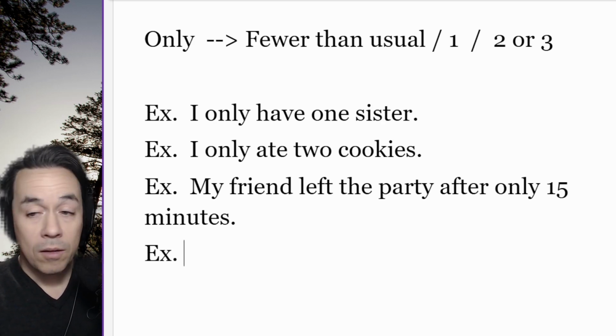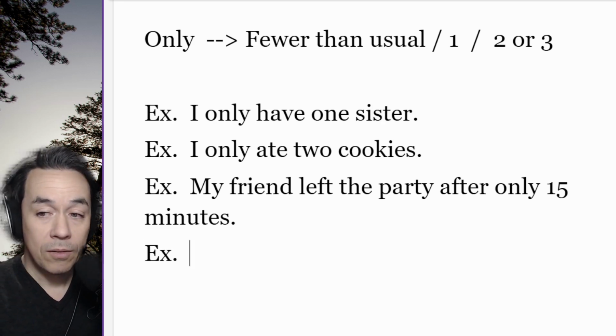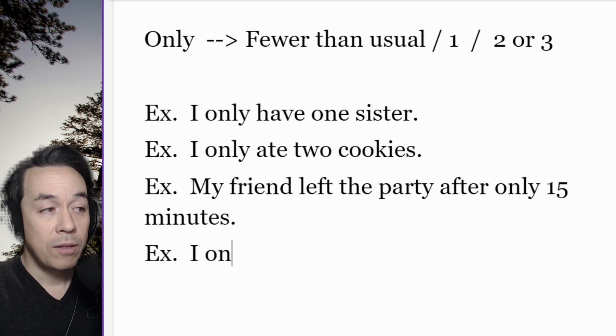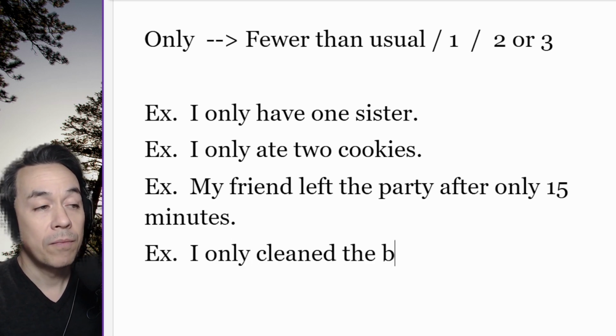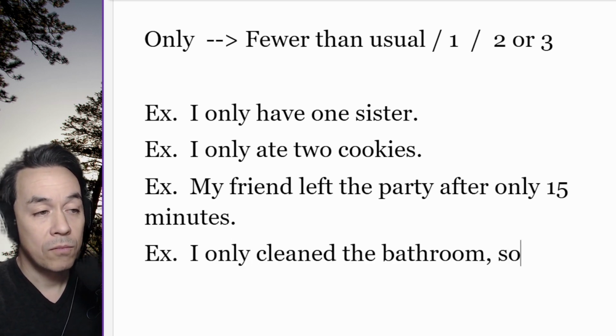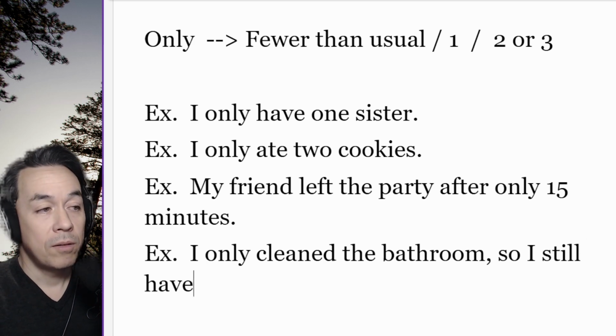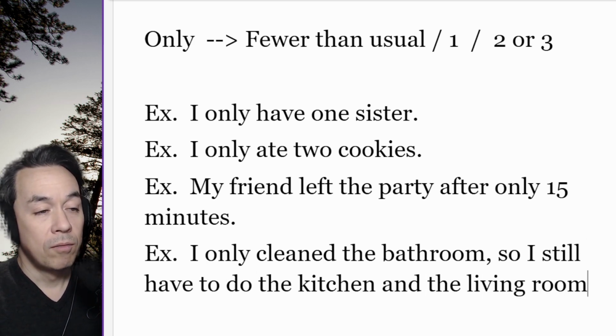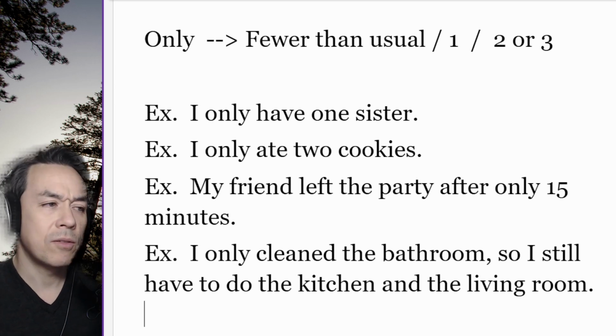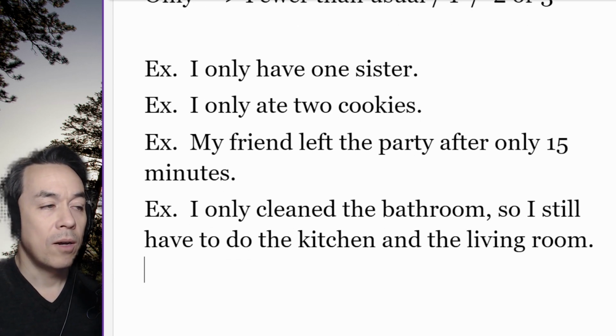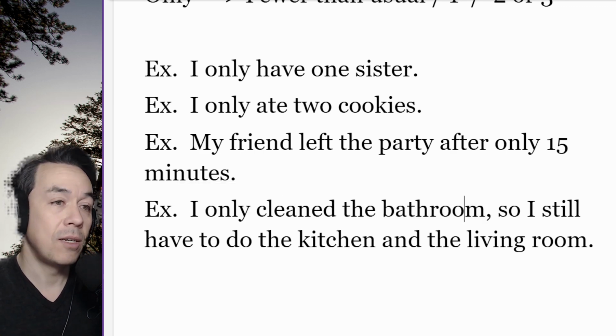Okay, let's see. How about, I only cleaned the bathroom, so I still have to do the kitchen and the living room. Okay, so this is saying I cleaned 1 room, the bathroom, of 3: bathroom, kitchen, living room.